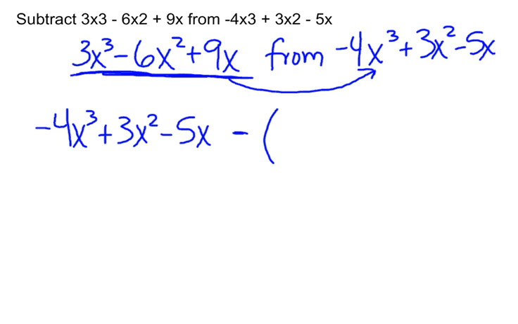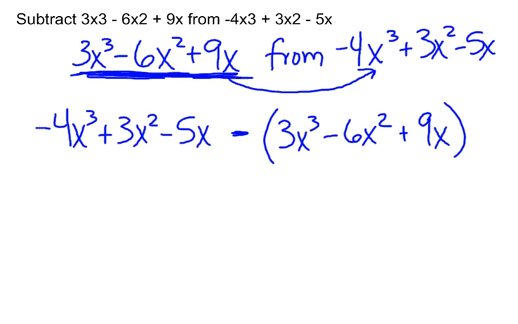The second one actually goes first, and we're subtracting, so we're going to put this in parentheses because we're subtracting the whole thing. 3x to the third minus 6x squared plus 9x.